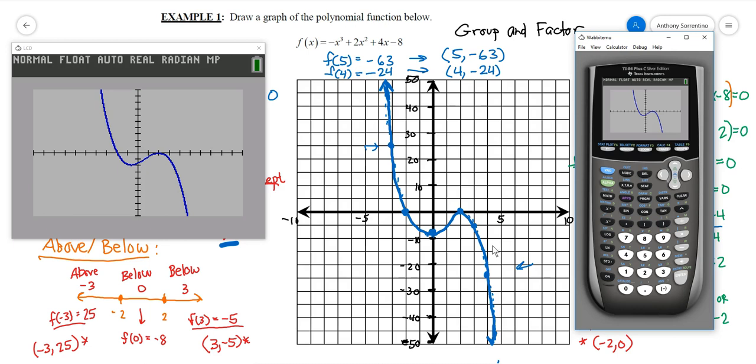Which brings us into another theorem that has its uses. We don't use it very specifically. We kind of use the concept of it as we go through other parts of this polynomial graphing process, but it is important for us to mention it and talk about what it says. So let's have a look at it.